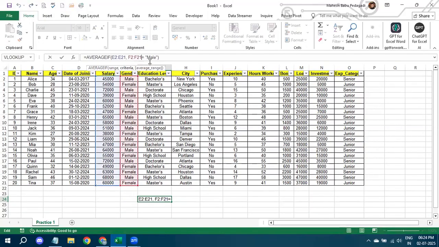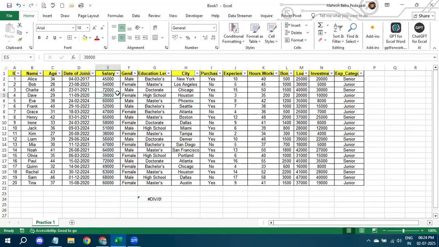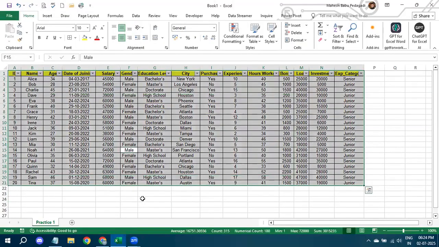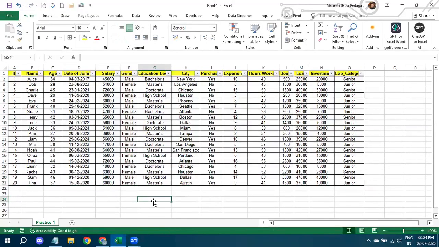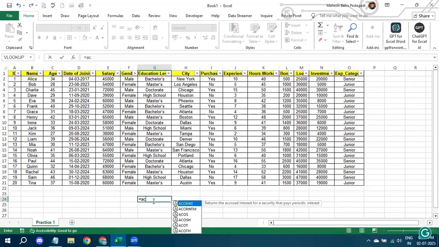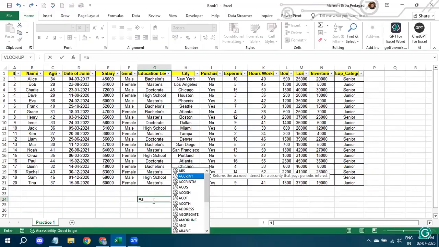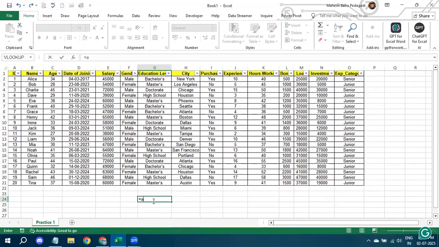No need of second criteria, comma. One second. Between E2, E21 and F2, F21, we have to put male, I think. I think we don't have to put that equal to there, right? Should we put the equal to there? Yeah, we need to put the equal to, not in the beginning, in between. You by mistake put the equals sign in between, so maybe that's why it's not working.